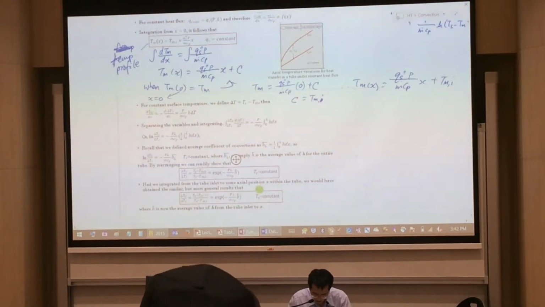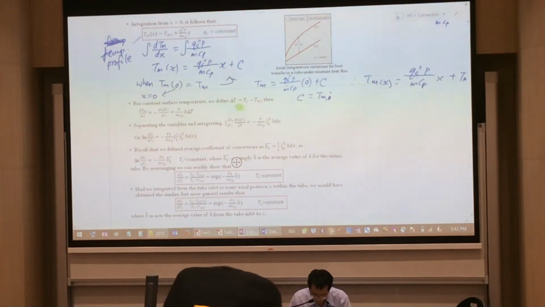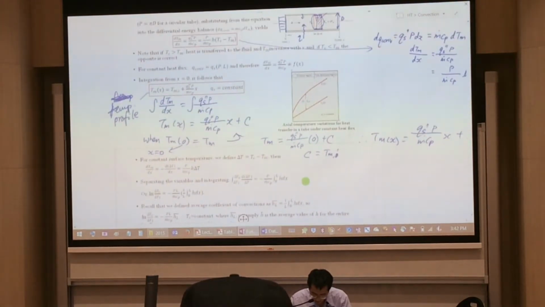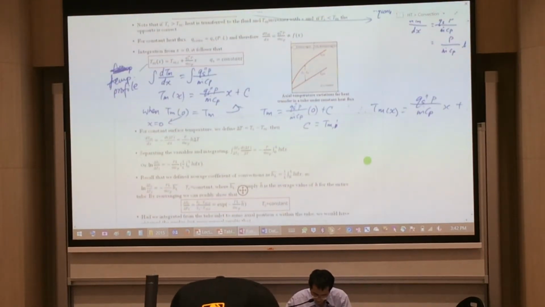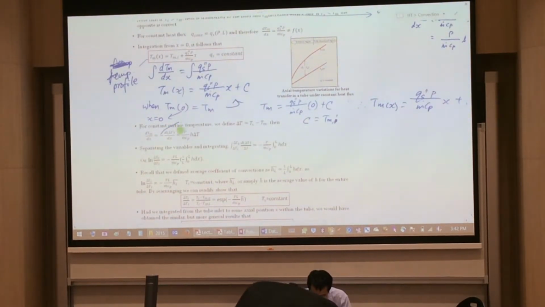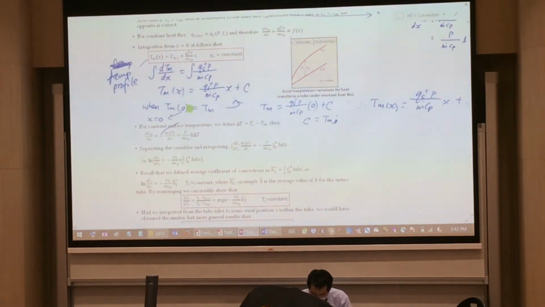For a constant surface temperature, we define Ts minus Tm as delta T. Ts minus Tm, that's coming from this part over here, and we're going to let it equal delta T. And this dTm over dx would have a negative gradient of that temperature drop across that distance.